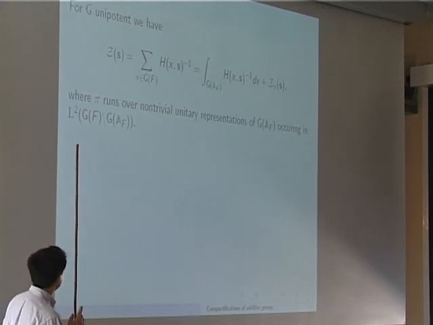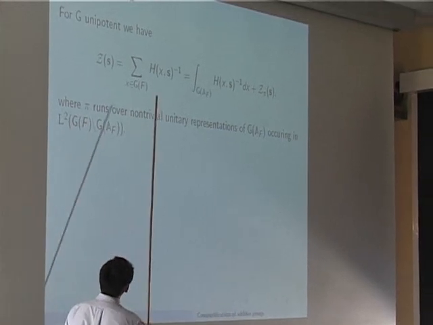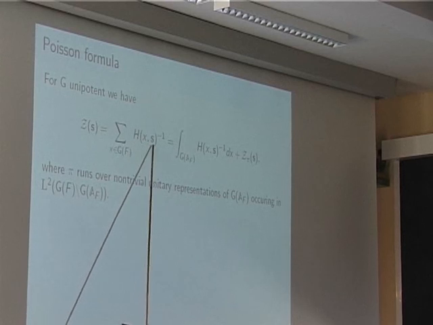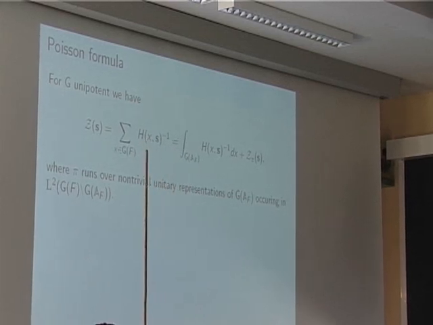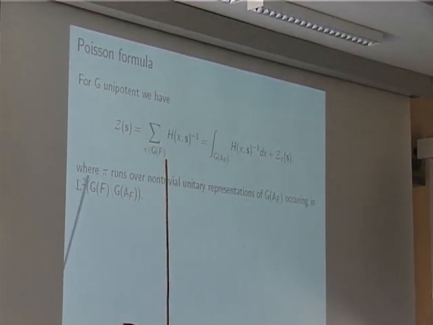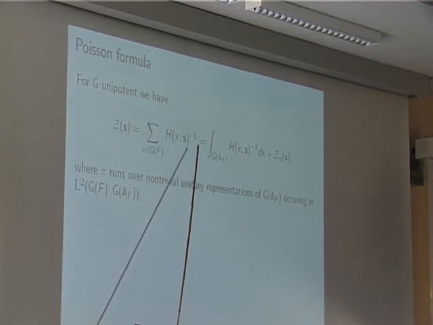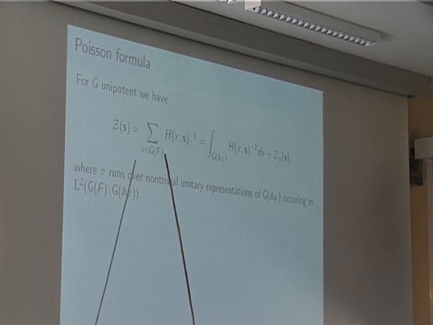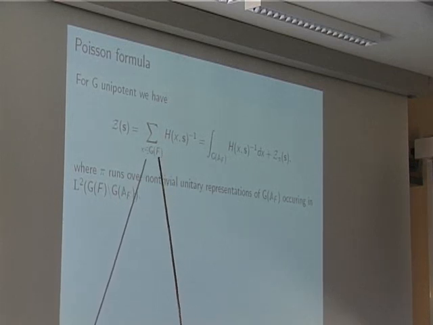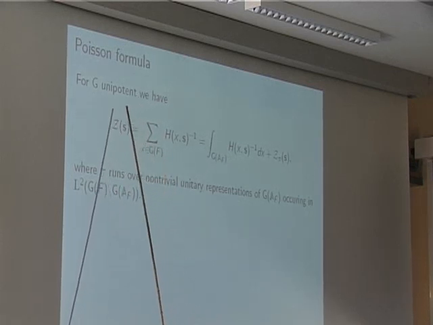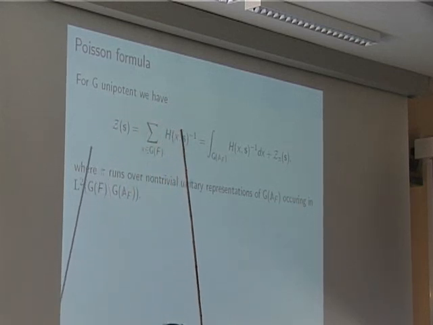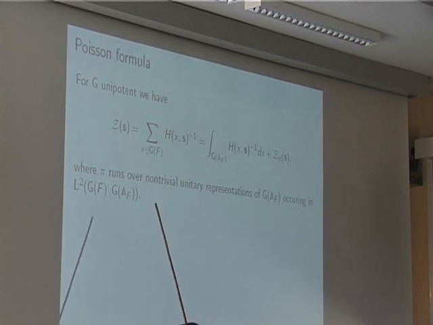All right, so we have this height, and we can sum over all rational points in G of the height, and here again with vector S in the complexified Picard group to the -1. And the Poisson formula says, okay, I write Poisson formula, but in fact, I'm also looking at general unipotent groups like the Heisenberg group or just the upper triangular group.